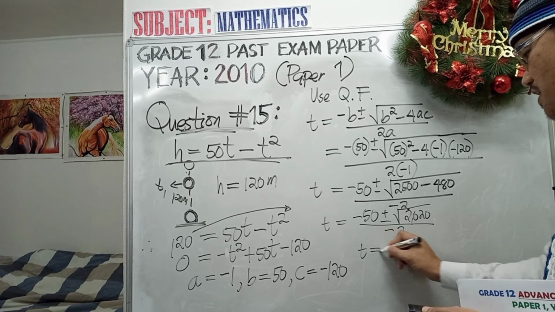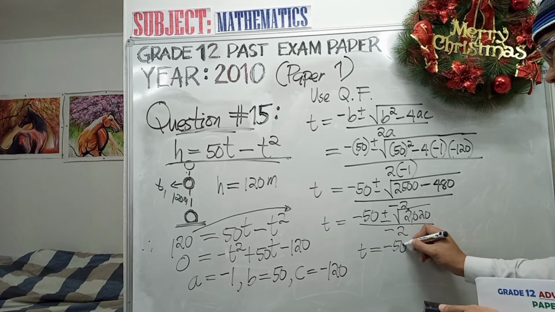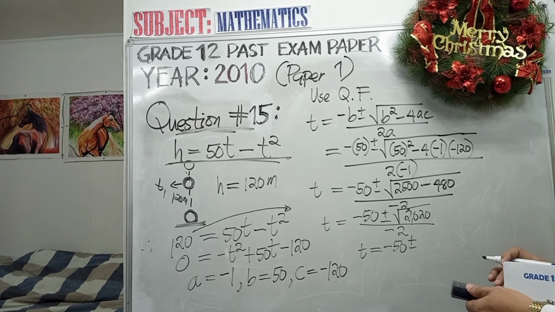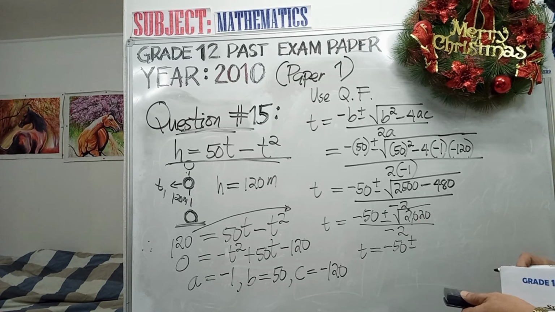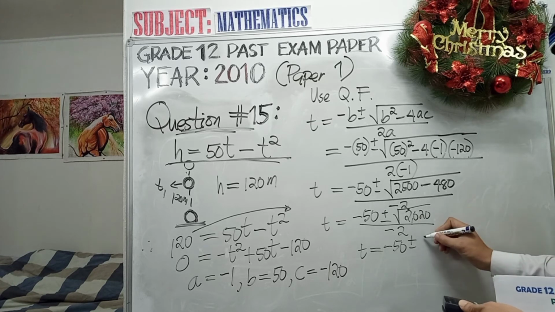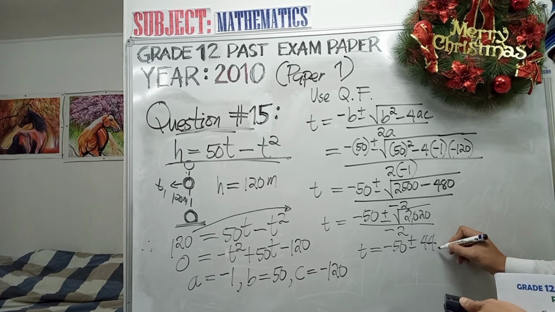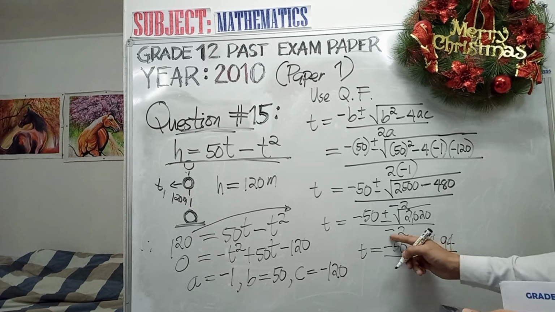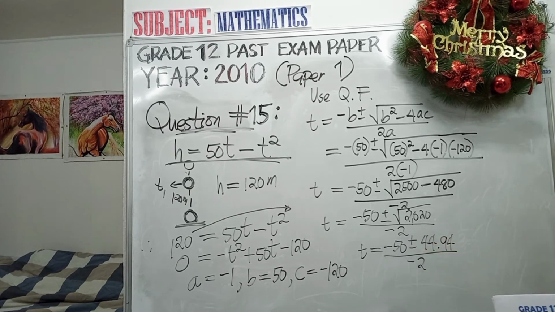So our t here is negative 50 plus or minus the square root of 2020. The square root is 44.94. Divide that one by negative 2.